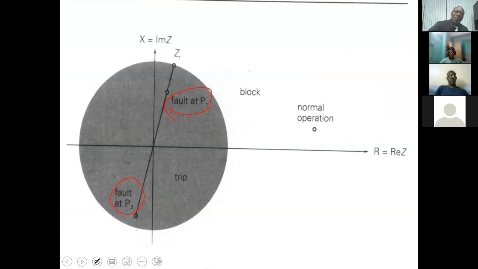But if we're just looking at the magnitude of the impedance, then that impedance, which is measured, can be anywhere relative to the point of the impedance relay. So the relay is at a particular bus. And remember, when we speak of the relay being at a particular bus, what that means in reality, students, is that the relay is in a substation.